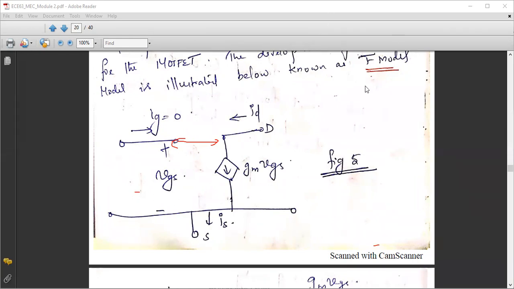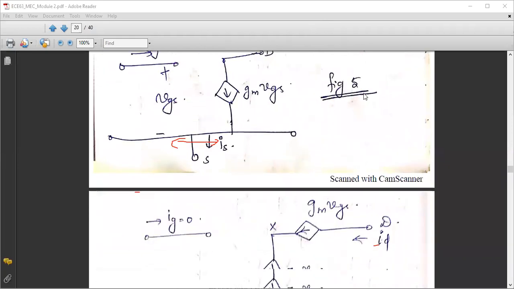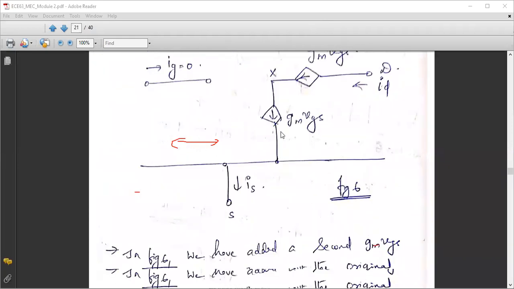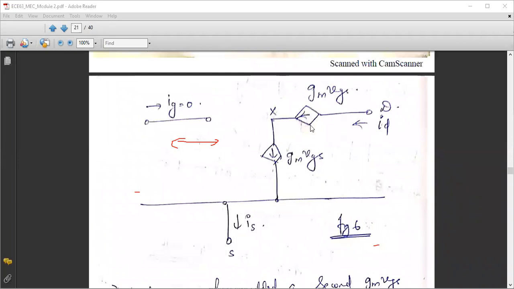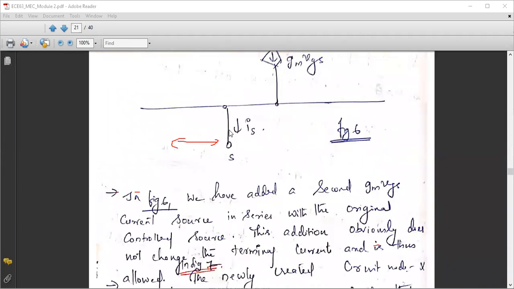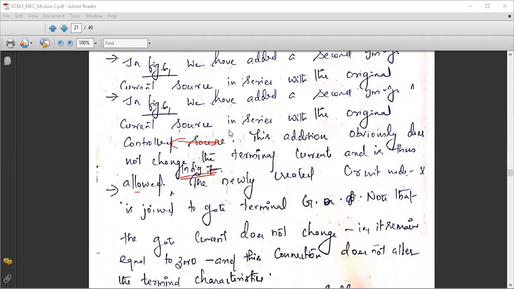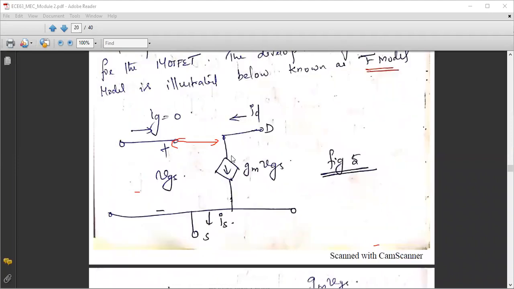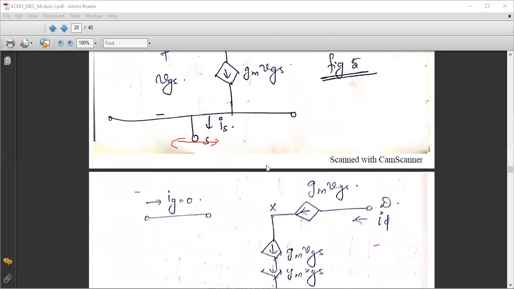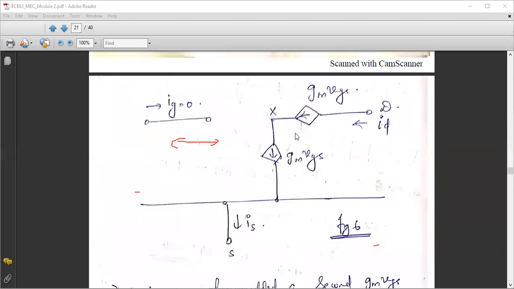So the next step: I will short circuit this gate and drain, and you can show that in the third step, in fact. In the second step, I am putting one more gm times vgs at the drain, one more replica, because these are series arms only.